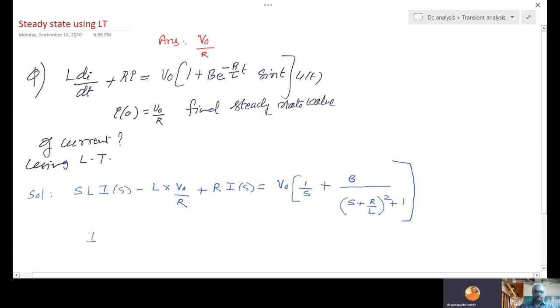Now take I of s common. (sL plus R) I of s is equal to V0 L by R plus V0 by s, plus V0 B by (s plus R by L) square plus 1.